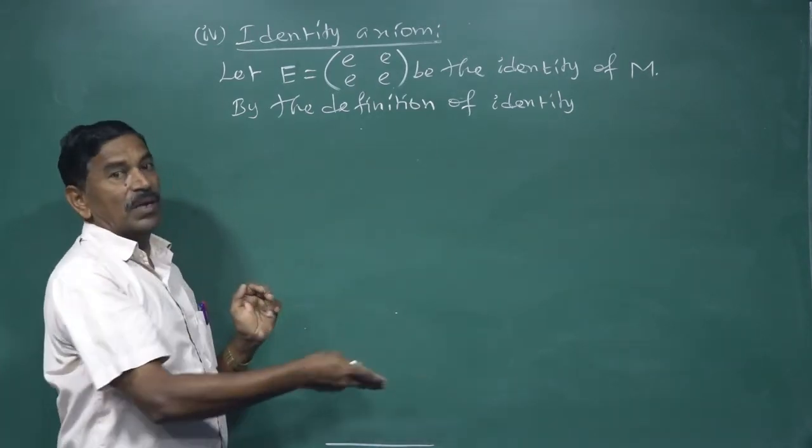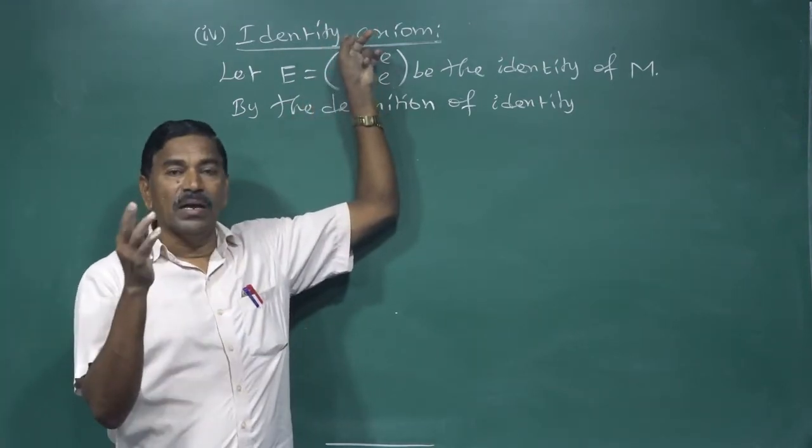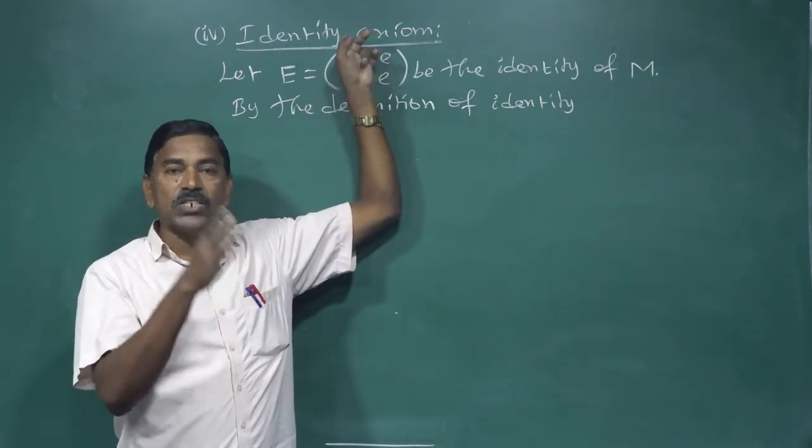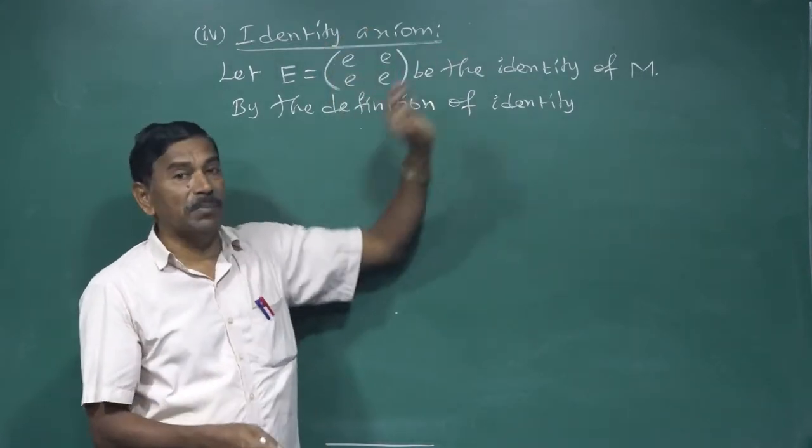Can you tell me the definition of identity? Yes, A star E is equal to E star A is equal to A. That is, the identity gives the same element as the answer.